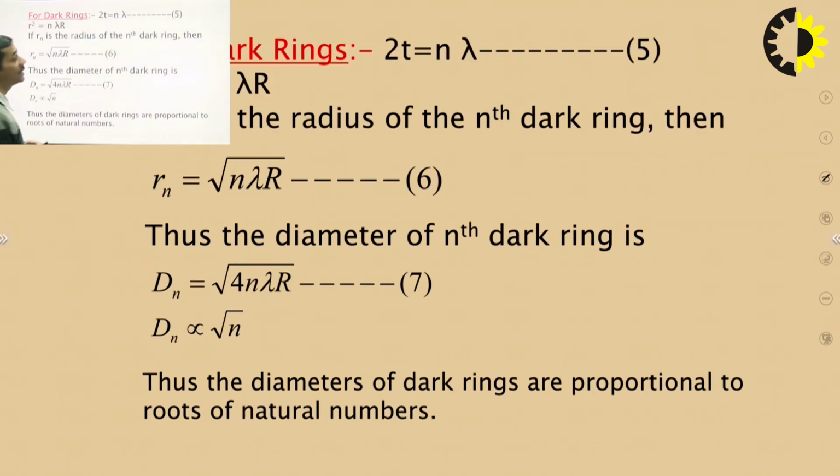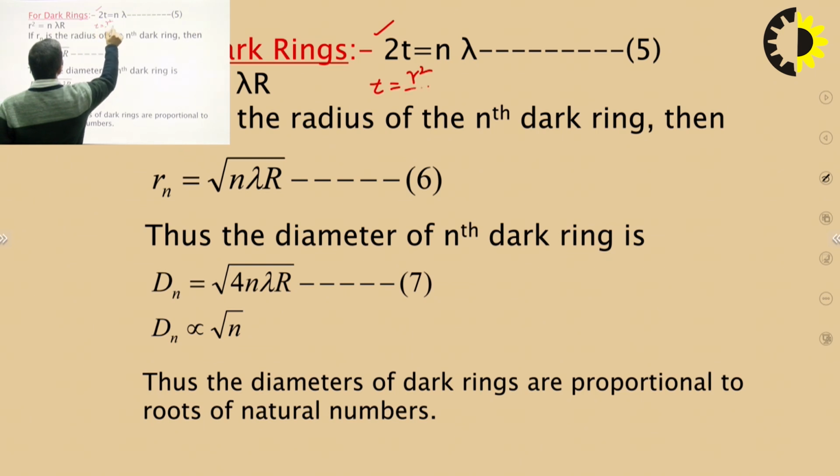Similarly, we can find the diameters of dark rings, and we have already found the condition for the dark ring, 2T equal to n lambda. To find the radius or diameter of the dark rings, we will use the condition T equal to r square by twice R. In this equation, we replace T with r square upon twice R. Here small r will represent the radius of the nth dark ring.